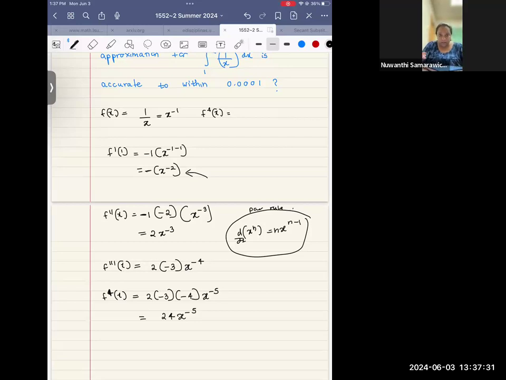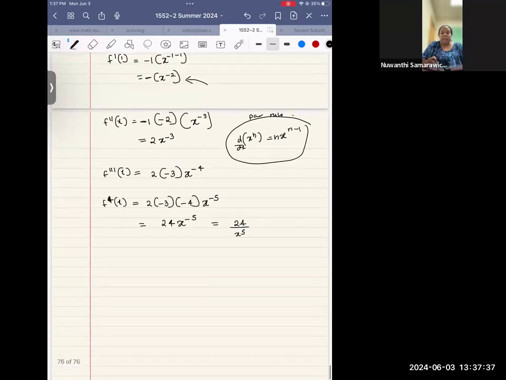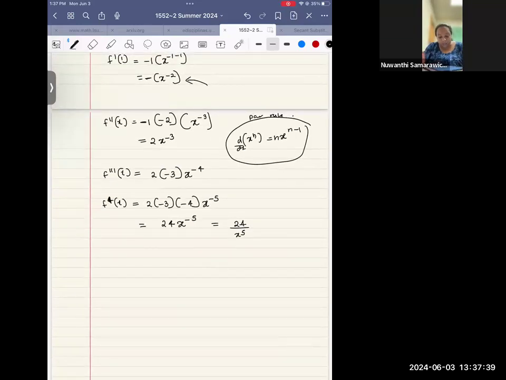Okay, yes, I see many answers. So 24 x to the power -5. Now, what does Simpson's rule say? Now we need to take a bound. We need to take the bound of the fourth derivative, which is less than or equal to k.